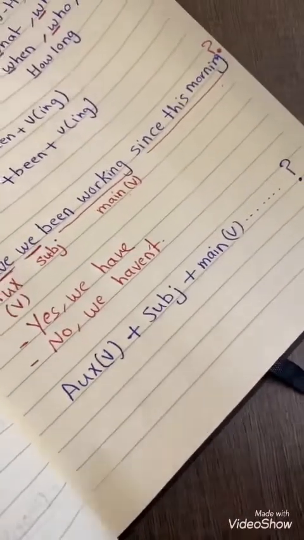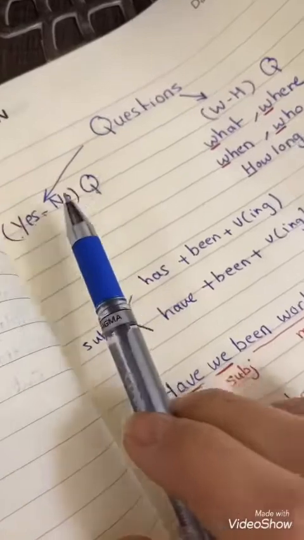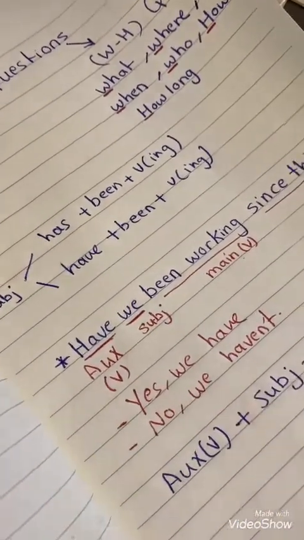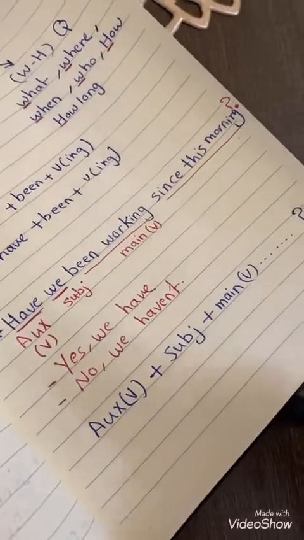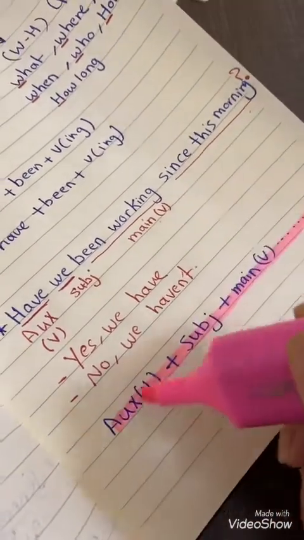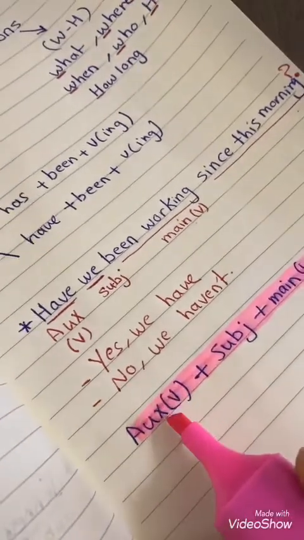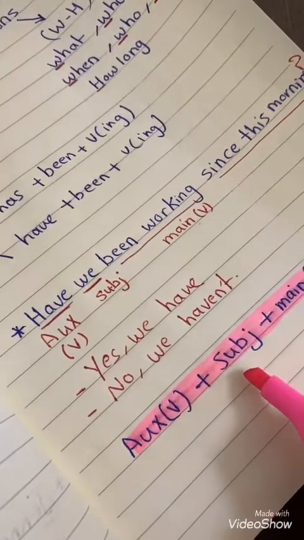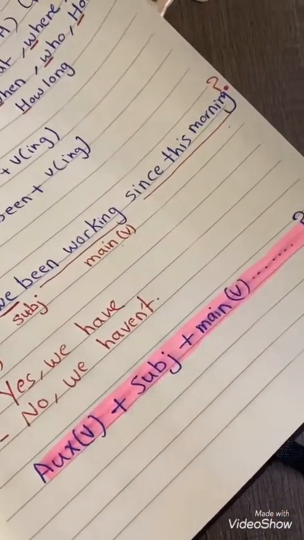So to write a yes or no question in present perfect continuous tense, you must know this rule. It is very important. We start with the auxiliary verb, then the subject, then the main verb, then we complete the sentence.